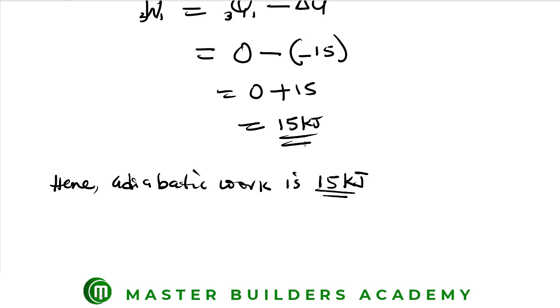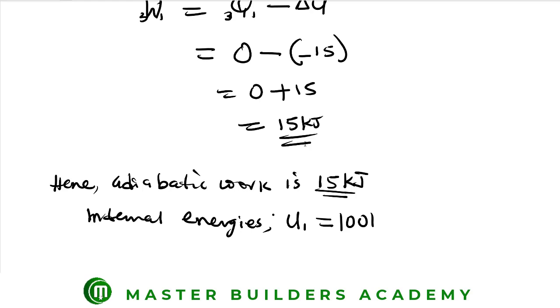That's all. Then what about the internal energies? Although we did this before, let's just do it now. So these internal energies, we have U1 is equal to 100, which was actually given from the question. U2, we calculated this to be 185 kilojoule.